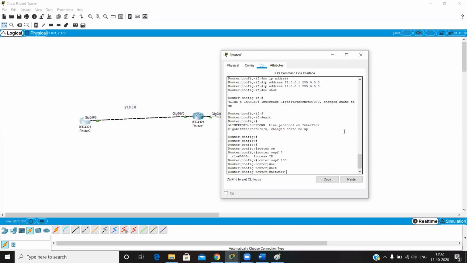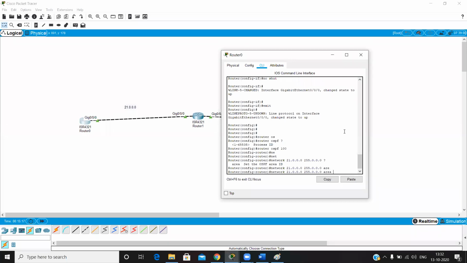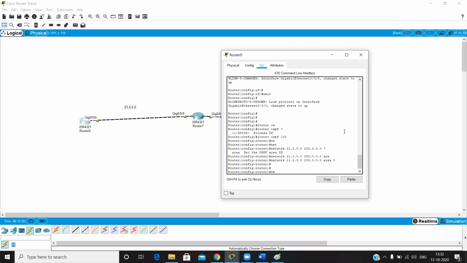Which network is directly connected to router 0? 21, and then the subnet mask. And here we have to give the area 0. If we take only three routers and a normal setup, then we take area 0. Always we select area 0, and then exit.